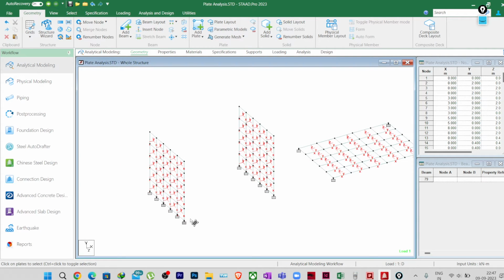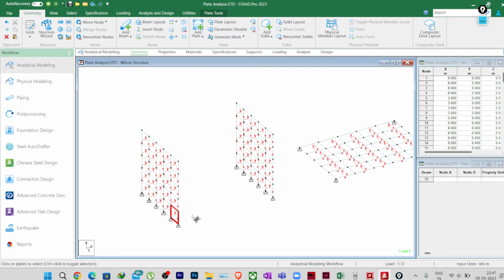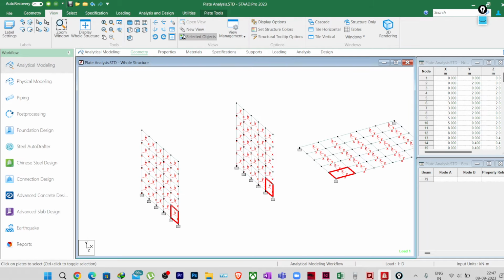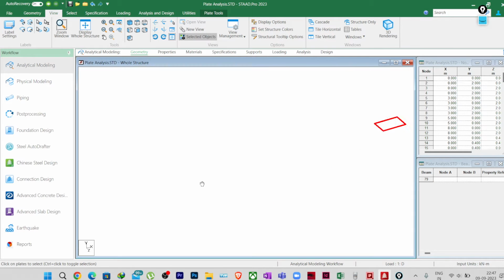Okay. Now let us take just one element from here, one element from here, and one element from here. Okay, so I'll just click on this one so that I can easily explain these things. So if I just focus on this particular thing, okay, let me discuss in one plate, and later on we'll be understanding the other plates also.